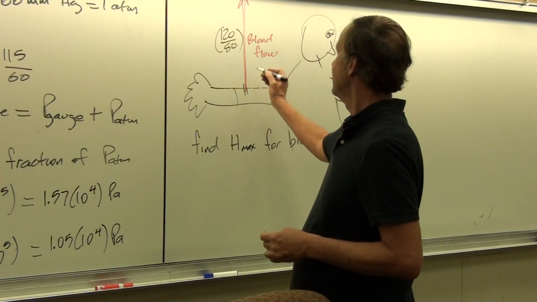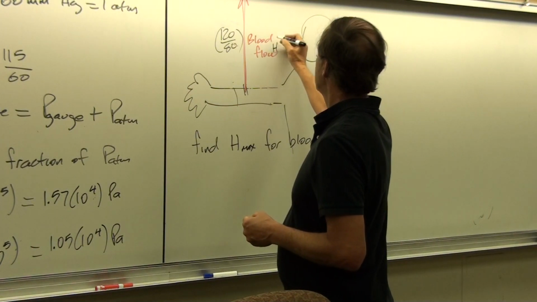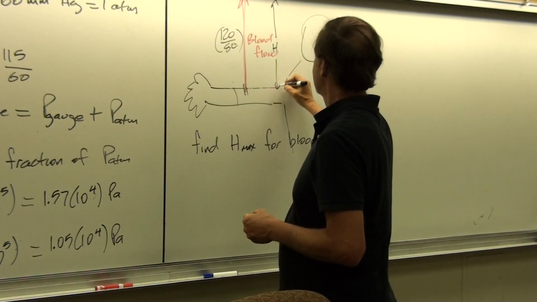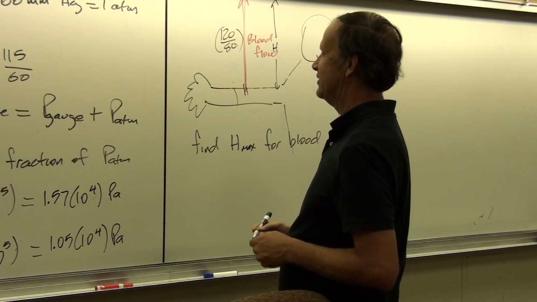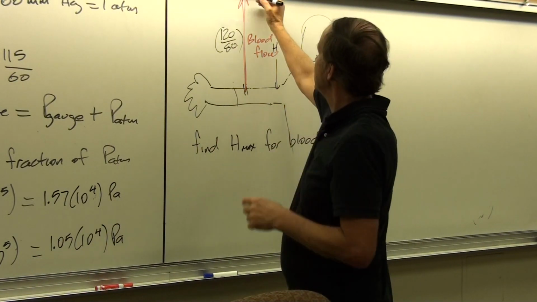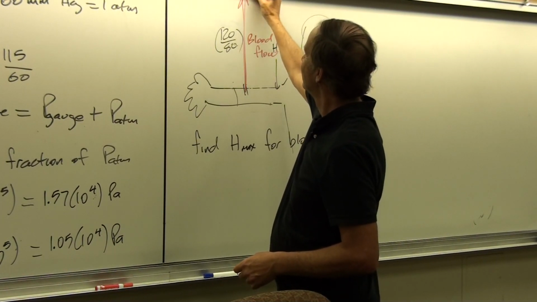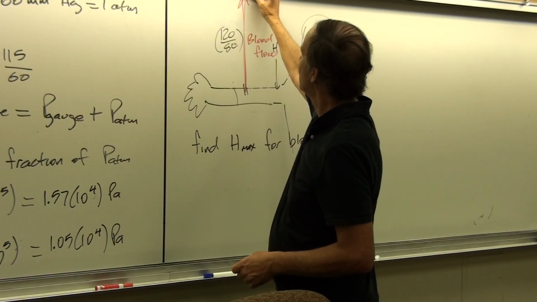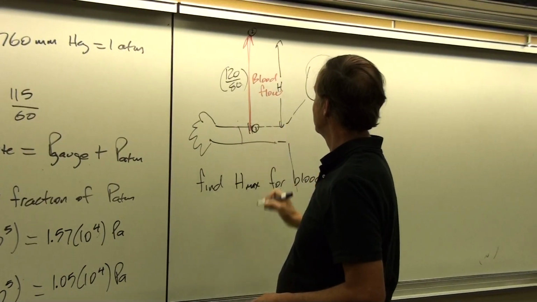Okay? And so here, let's say that the blood flow goes straight up. We have this height for the blood, and we want to figure out what that H max is equal to. So we can think of this blood flow as being a continuous fluid, where let's say this is point 2 in the medium, this is point 1 in the medium.